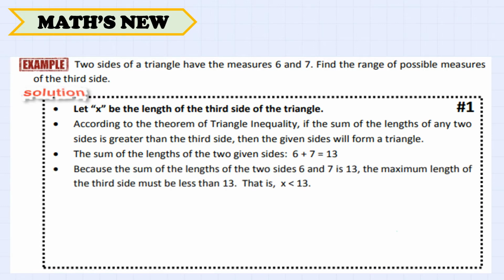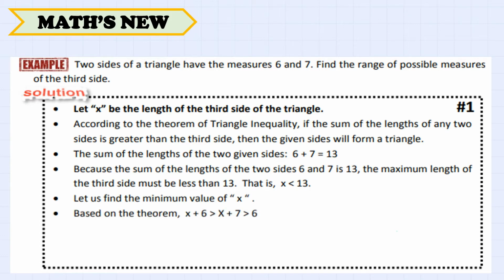Because the sum of the lengths of two sides 6 and 7 is 13, the maximum length of the third side must be less than 13. That is, x is less than 13. Now let us find the minimum value of x. Based on the theorem, x plus 6 is greater than 7, and x plus 7 is greater than 6.